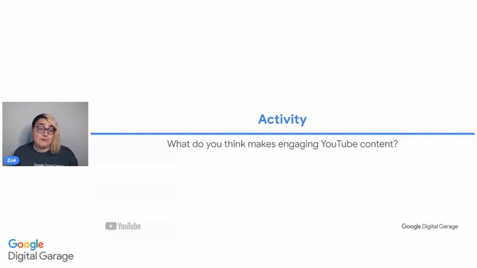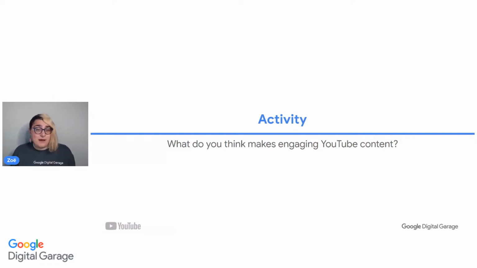So for example, I really love cooking videos. I absolutely love certain types of cooking videos. The thing that makes them engaging for me, I want them to be practical. I want them to be pretty straight to the point, but I also want them to be creative. I want them to inspire me, not just to cook what they are cooking on the channel, but also to try new things and try new combinations and flavors and techniques.